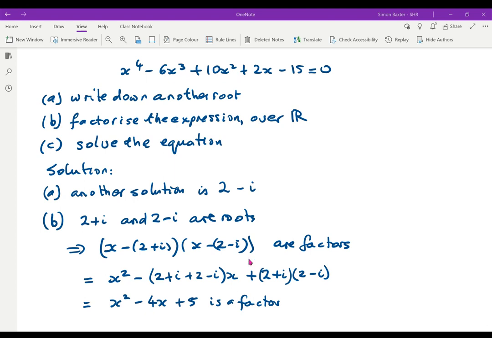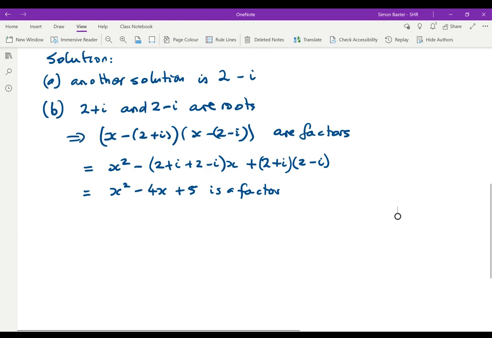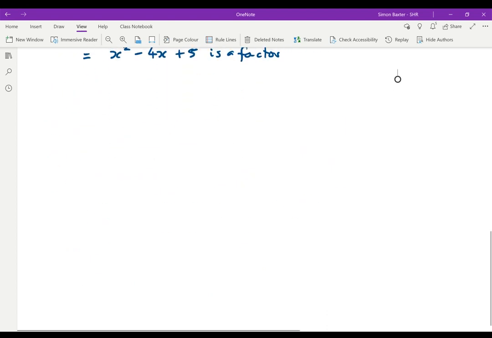So a little bit of long division. Let's move it down just a bit.